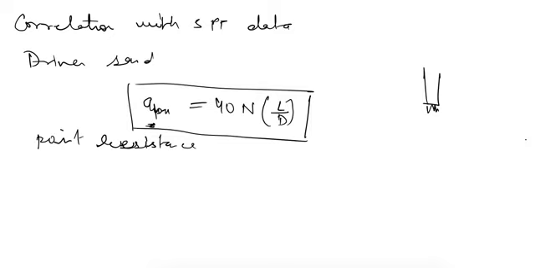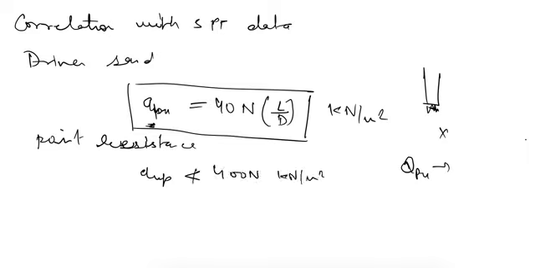The unit here will be kilonewton per meter square, and multiplied by the area of the base, we'll get QPU, that is your ultimate end bearing resistance. The value of QPU here is limited to 400 N kilonewton per meter square.